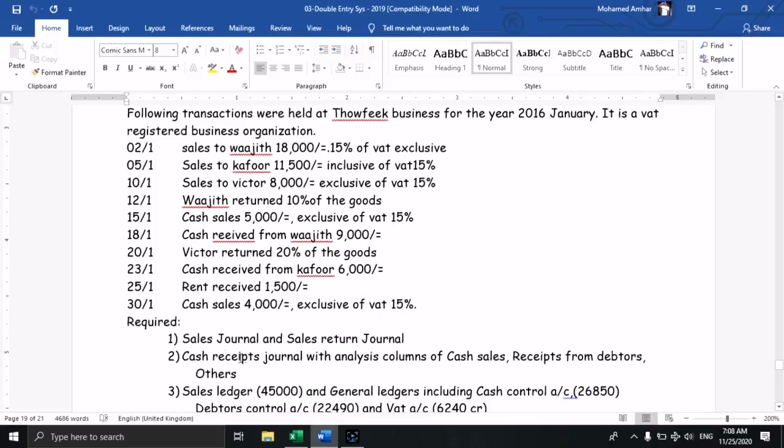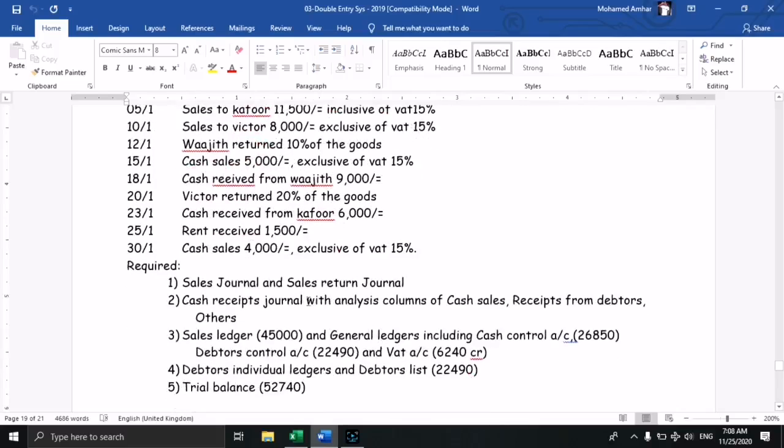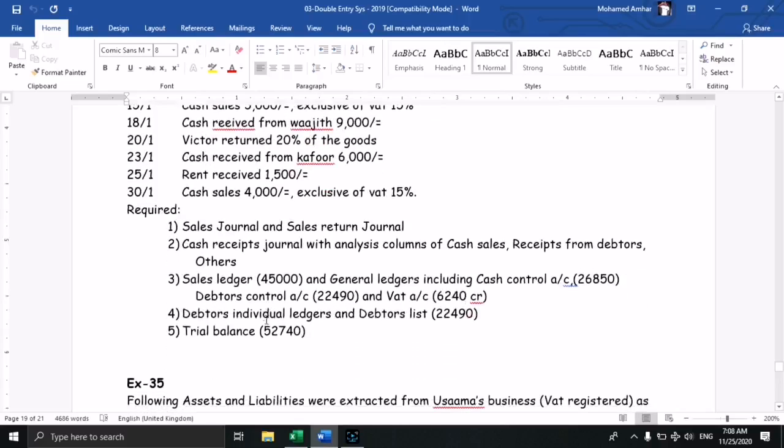Now you have to do the sales journal, sales return journal. So we record it in the sales journal and sales return journal. Second question is cash receipt journal with analysis columns of cash sales, receipts from debtors, others. Right. We record it on that cash receipt journal also.